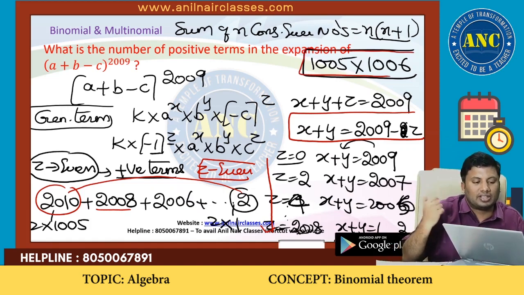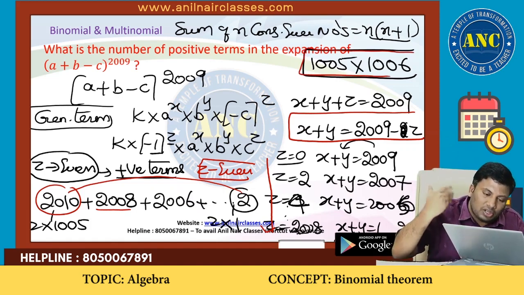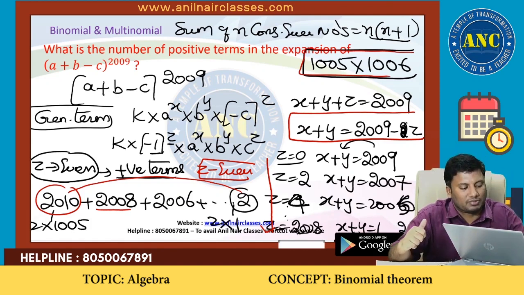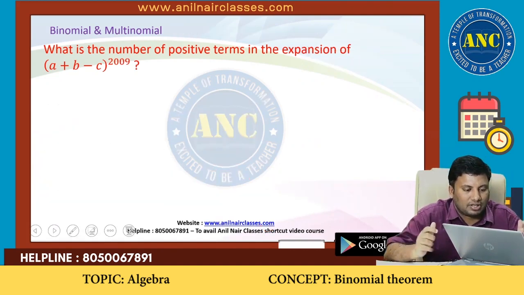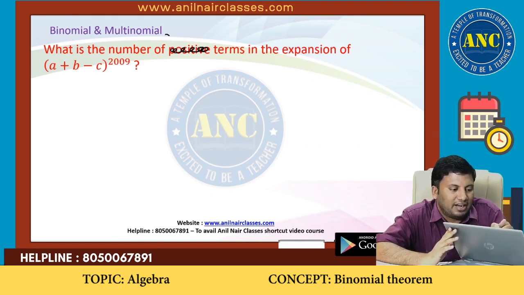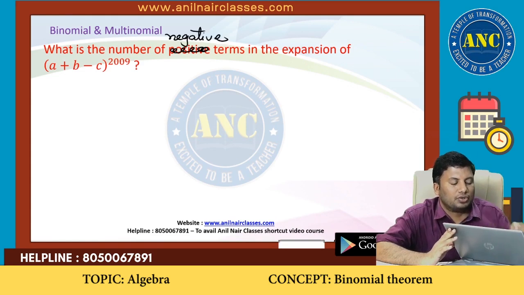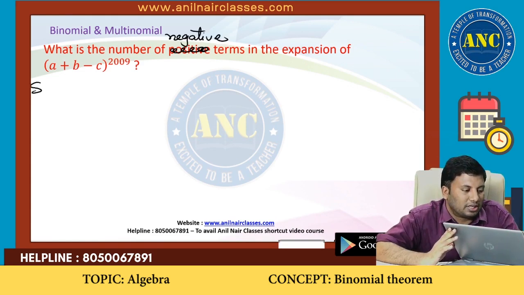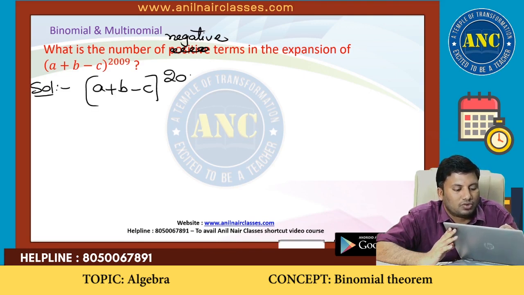For us to understand it effectively, let us also do the number of negative terms. Then I am sure it will be crystal clear to you. Find the number of negative terms in the expansion. Solution: A plus b minus c power 2009.